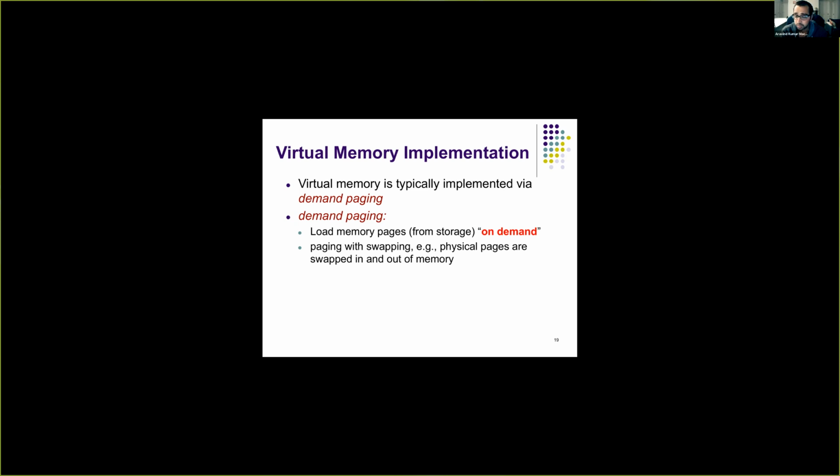When the page is not needed by the process, the operating system can store the page on the disk. This process of bringing a page into the main memory and taking it out of the main memory is called swapping in and swapping out. And this process of loading a page when it is needed is called demand paging.